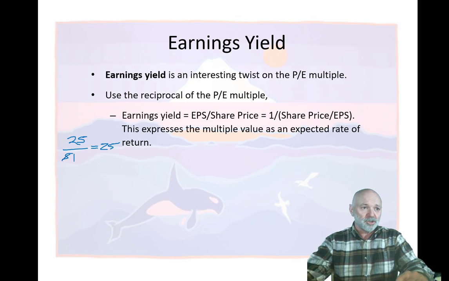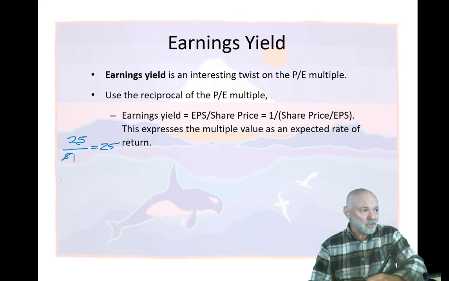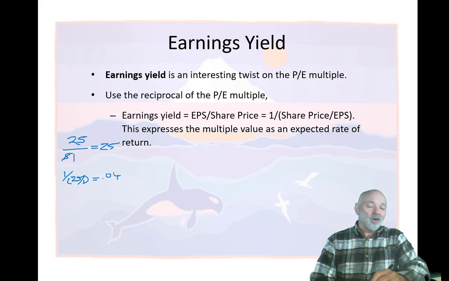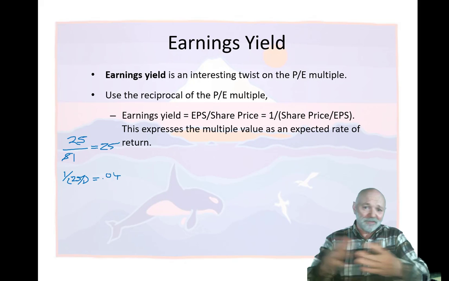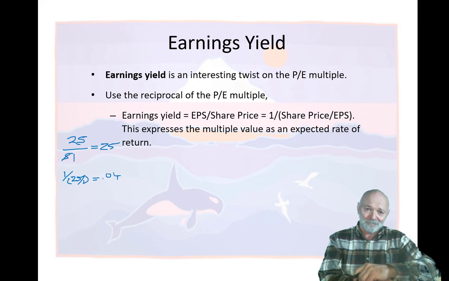Very simple calculation. Well, if you wanted to see what that looked like as earnings yield, we would just take 1 divided by 25 over 1. And that would be about 4%. Or we could just take 1 over 25. That would simplify and give us the same amount. We just flip the ratio on its head.